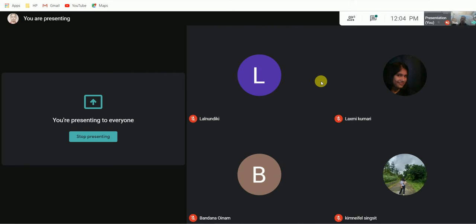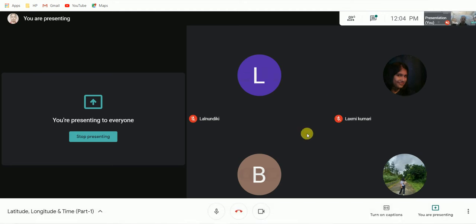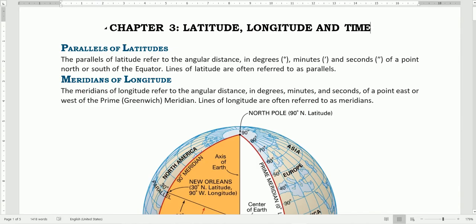Then after that it will be followed by these theory classes. Okay. So here this is the new chapter 3, latitude, longitude, and time. First, let us read.